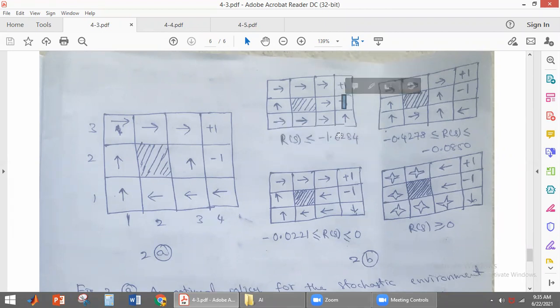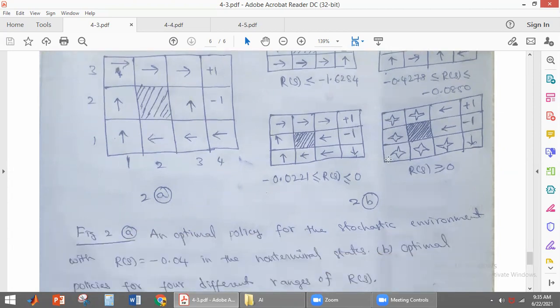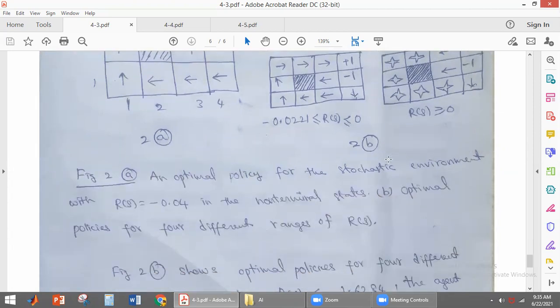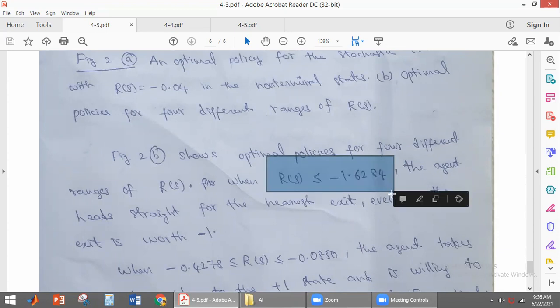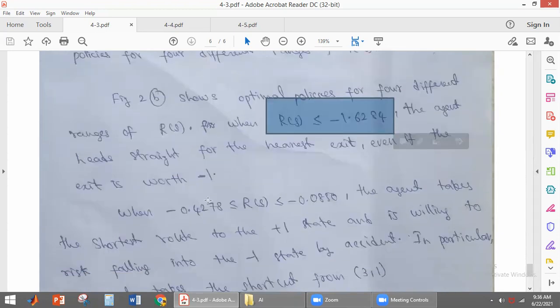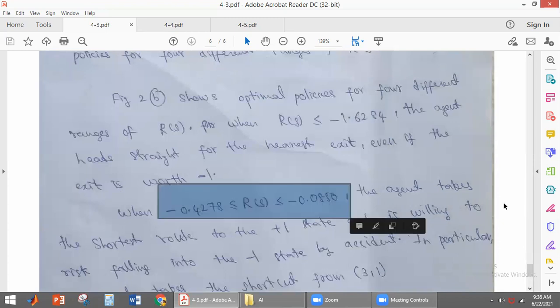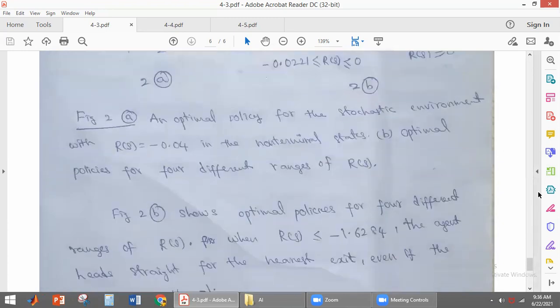And always it will be taking the shortest path to reach the -1. Okay. So that is why here, what is the reward? The reward is less than or equal to -1.6284.